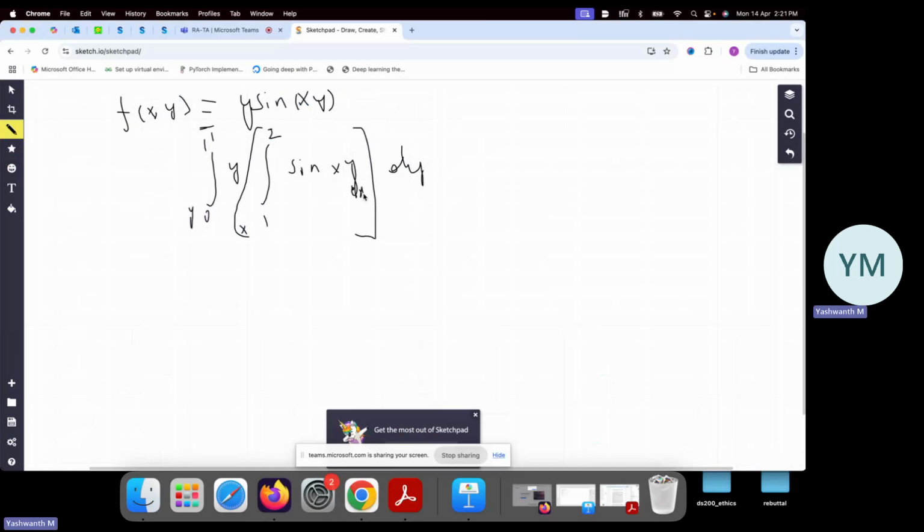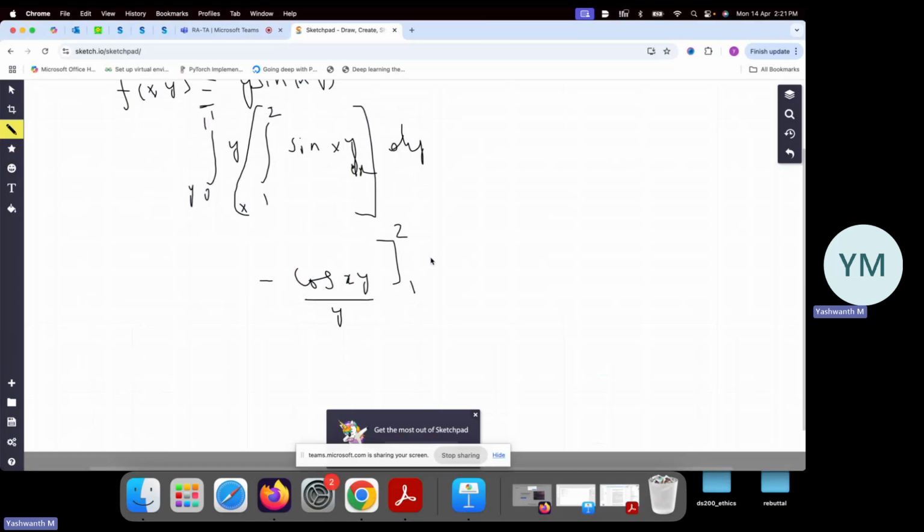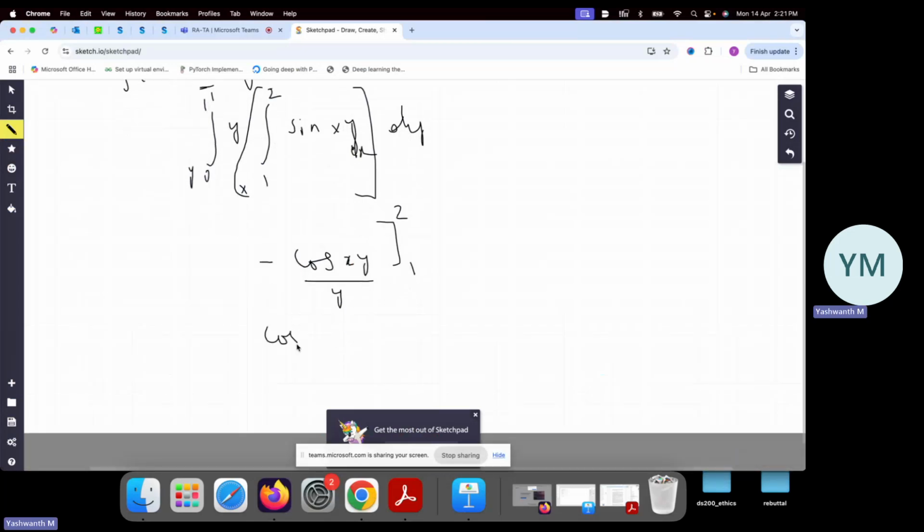So here we get minus cos of xy divided by y, x going from 0 to pi. And this is cos of 2y minus cos of y, divided by y, and there's a y here that gets cancelled.